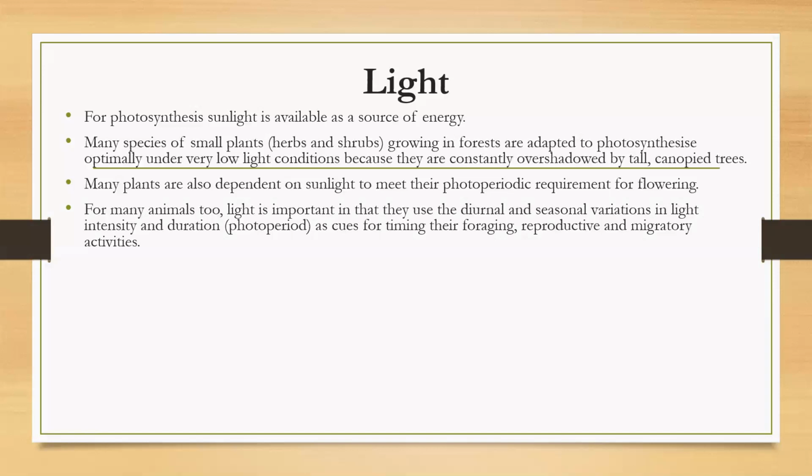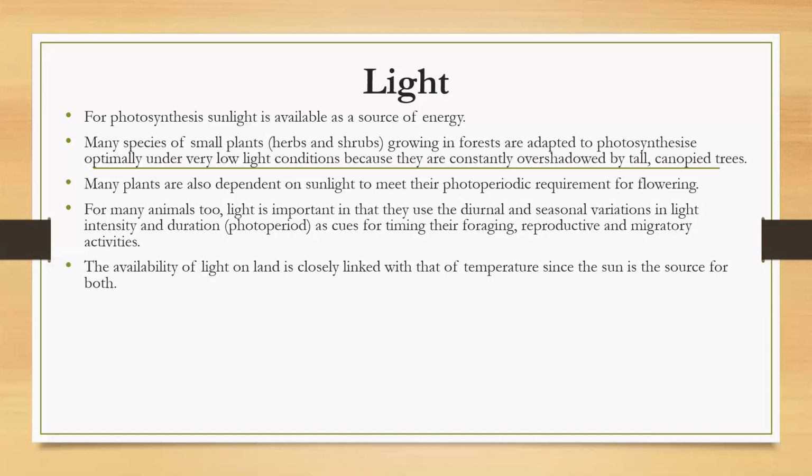Some animals are more active in the presence of light and some are more active during night hours. Some species hunt their prey in the absence of light, and some hunt during the daytime. Even for the reproductive process, some prefer the presence of light, some prefer its absence. And even the migratory activities of animals are decided by light.